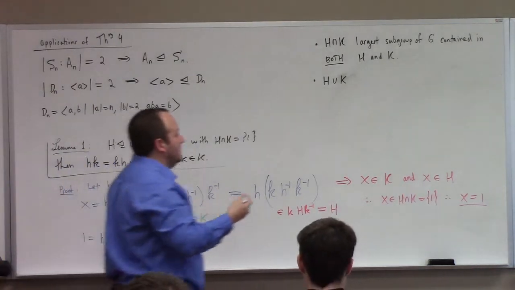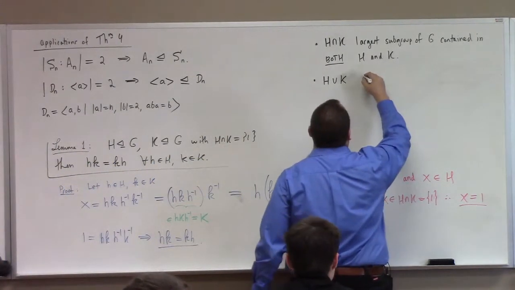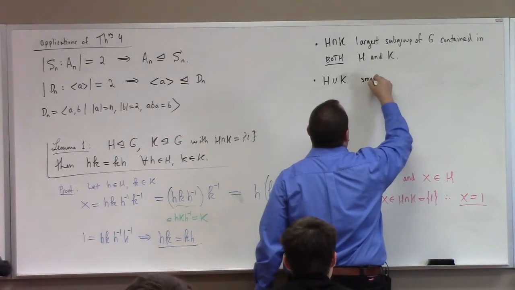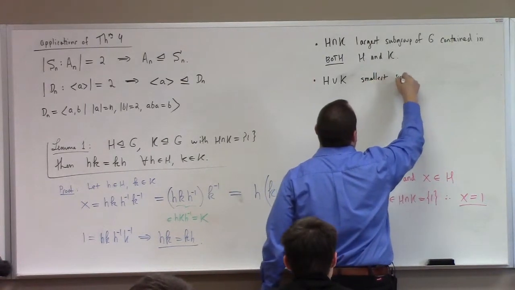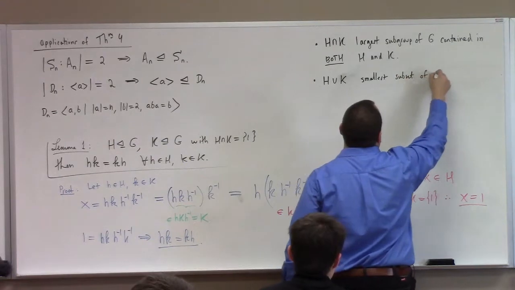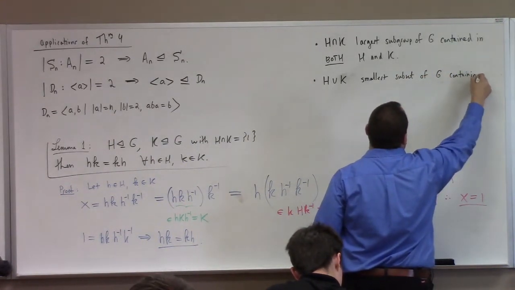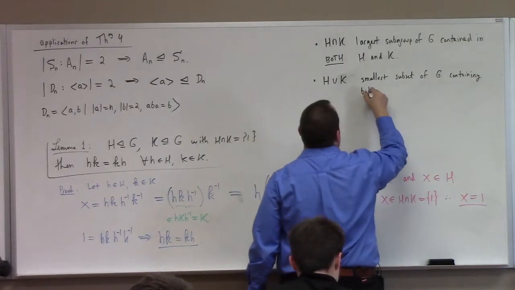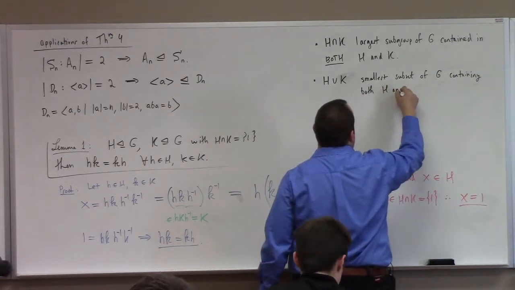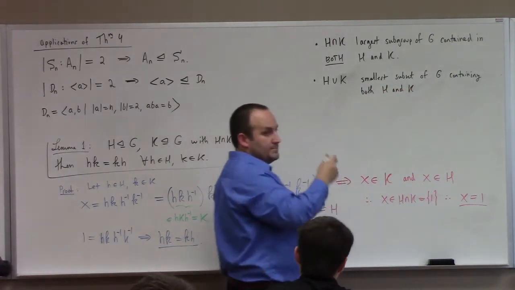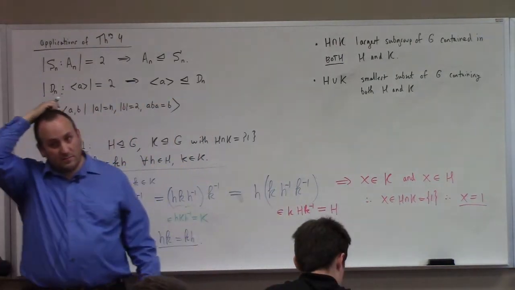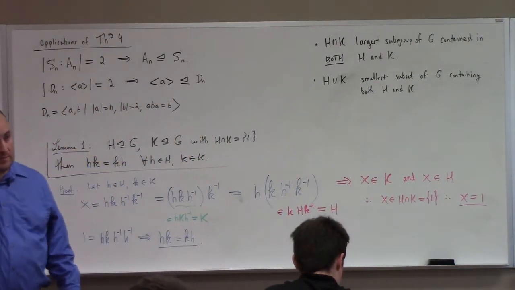So this is the smallest subset of G containing both H and K, right? And usually, it's not a subgroup.